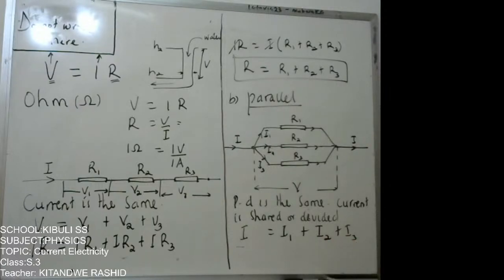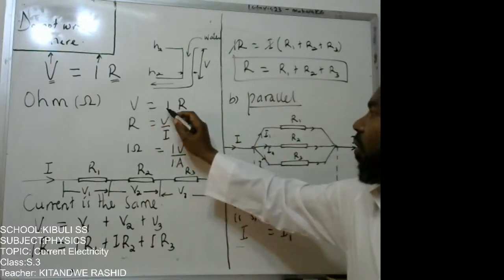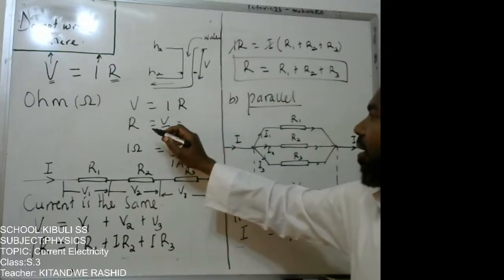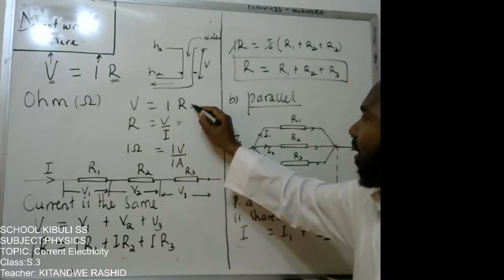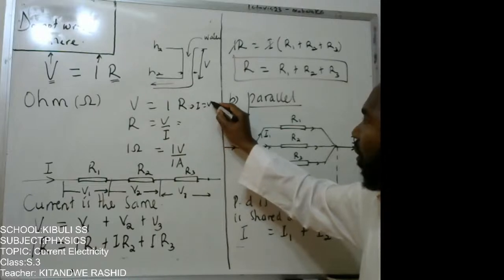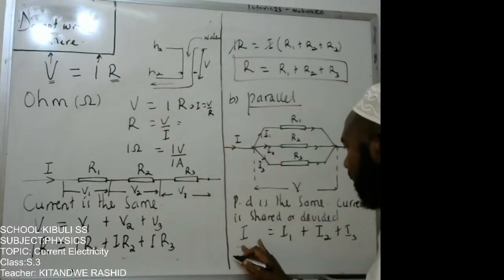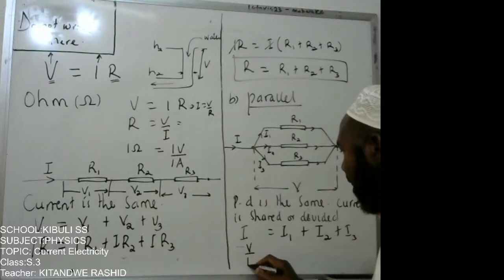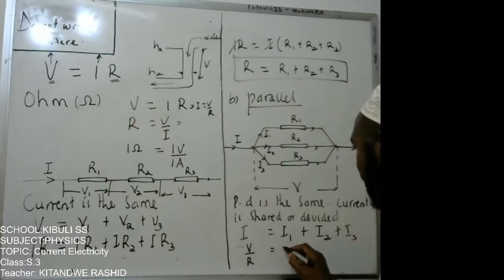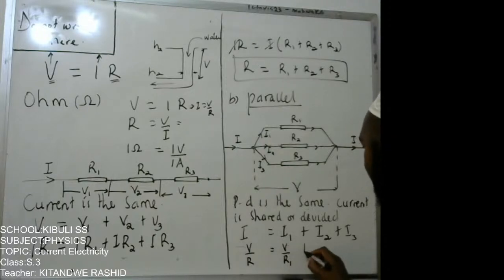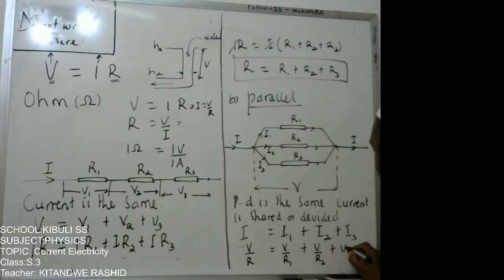Now we apply Ohm's law. Ohm's law, V is equal to IR. It implies that I is equal to V over R. So where there is I here, we are going to place V over R is equal to V over R1, since V is the same, V over R2 plus V over R3.